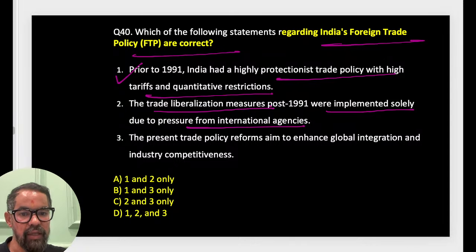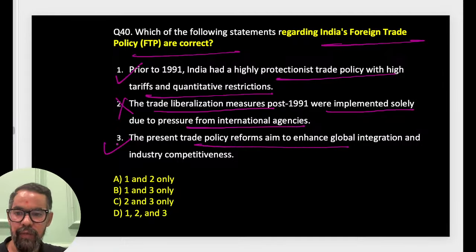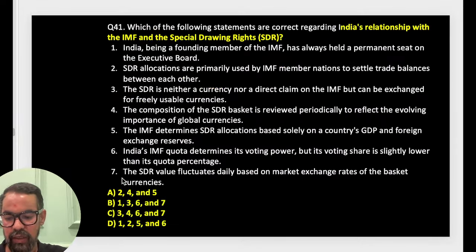The trade liberalization measures post 1991 were implemented solely due to pressure from the internal. It was internal. These reforms, and this is true. Okay. So option B will be the right answer for this particular one. Very good, guys. Awesome. Next one.